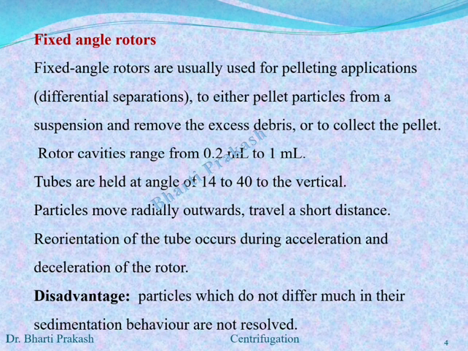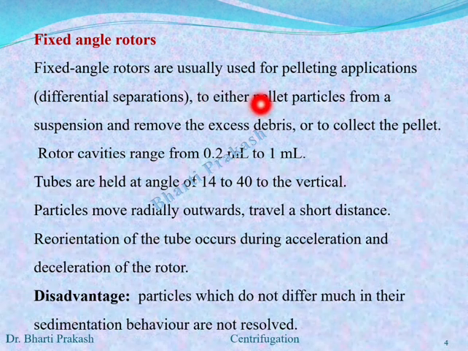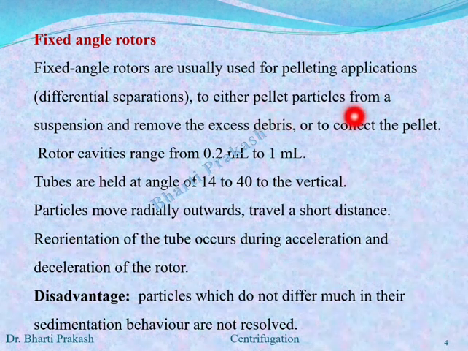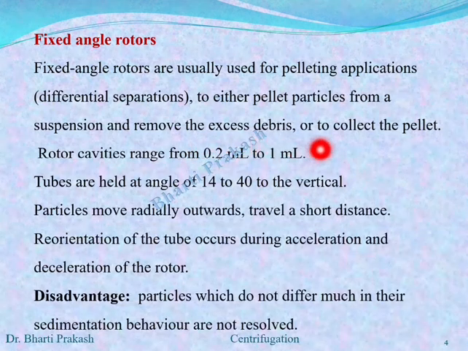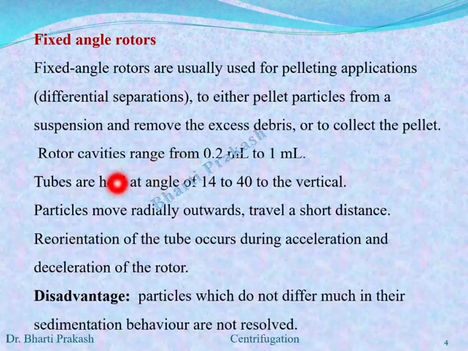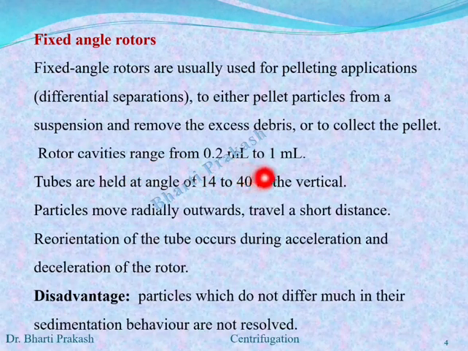The fixed angle rotors are usually used for pelleting applications, to either pellet particles from a suspension and remove the excess debris, or to collect the pellet. The rotor cavities range from 0.2 ml to 1 ml.